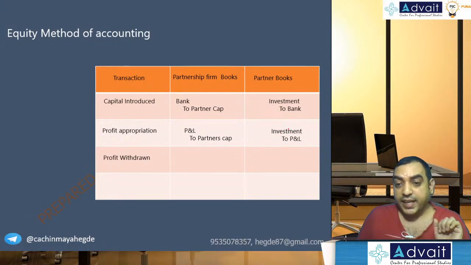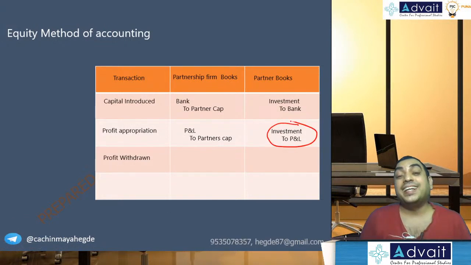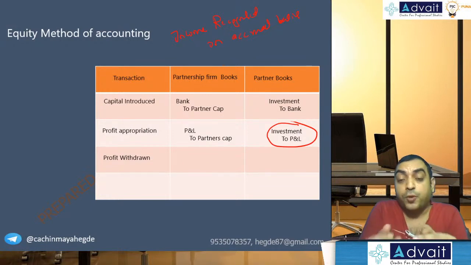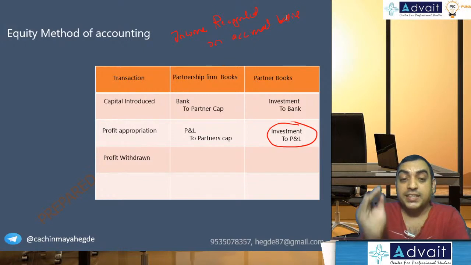It is investment account debit to P&L account. That is income recognized on accrual basis. The partner will recognize the income from the partnership on accrual basis.